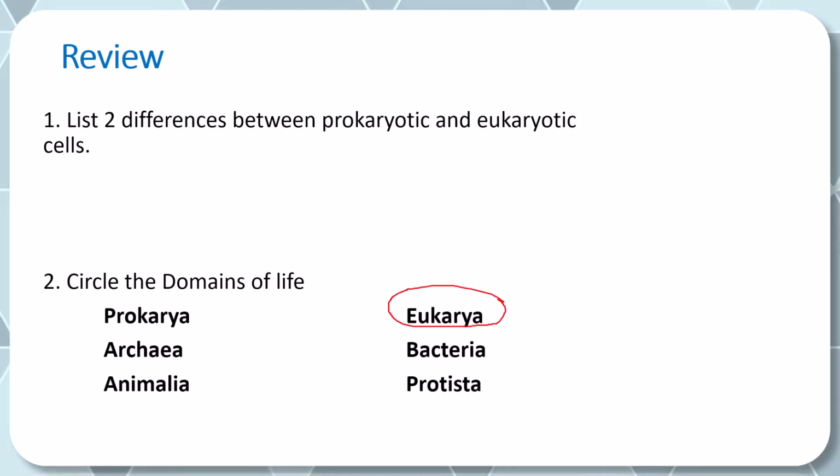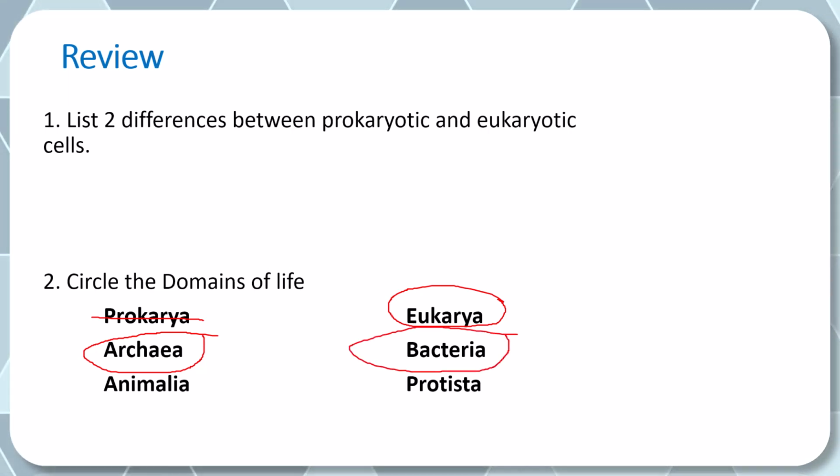So that's a domain. And people always want to say prokarya, but that's not a domain. There's prokaryotic cells and eukaryotic cells, but there's actually 2 prokaryotic domains. So there's archaea and bacteria. So the 3 domains of life are bacteria, archaea, and eukarya.